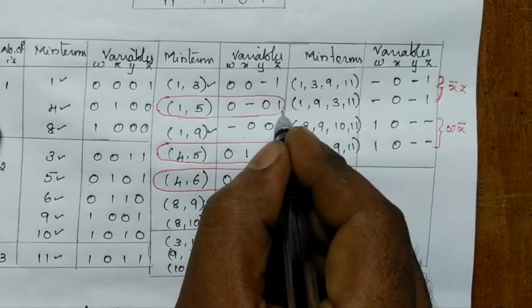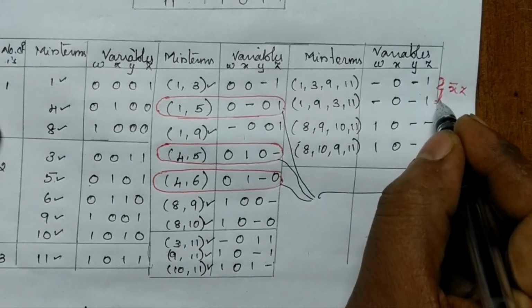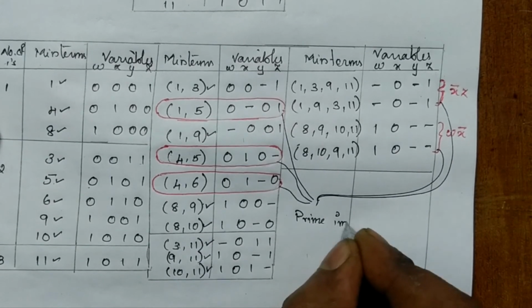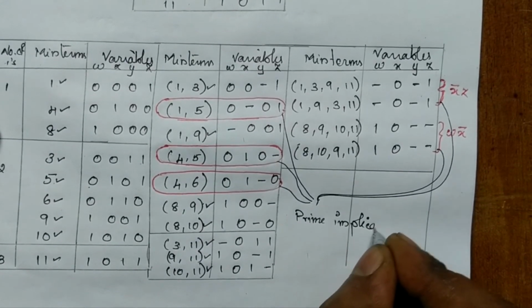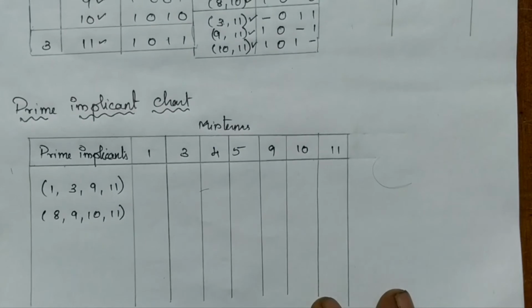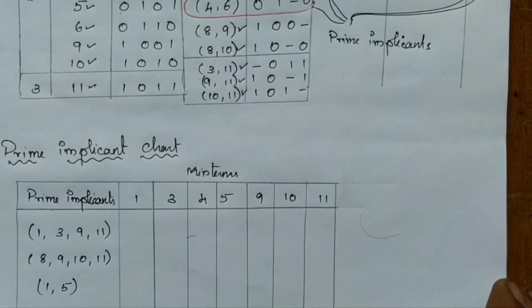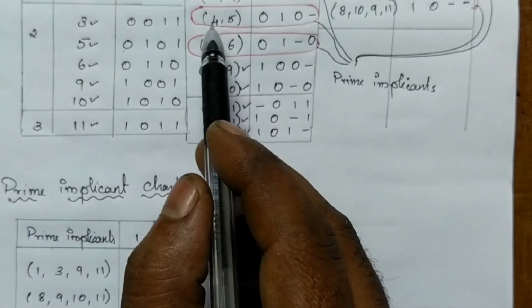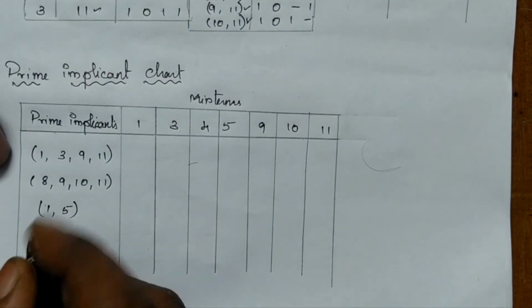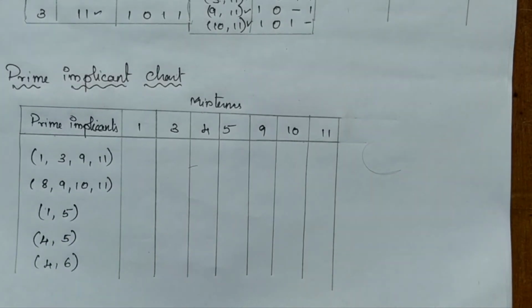We can just note it. So here 1, 5. The next prime implicant is 4, 5, and 4, 6.